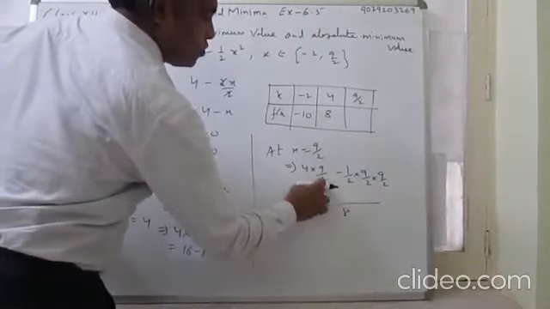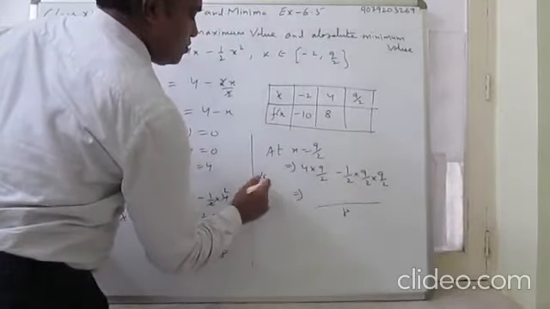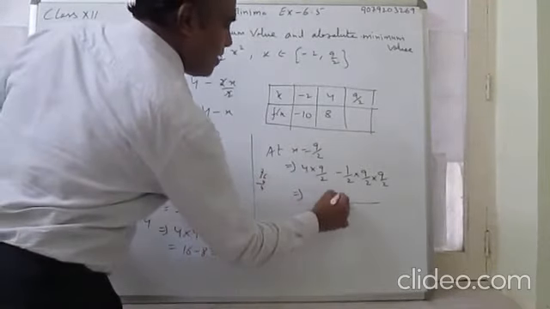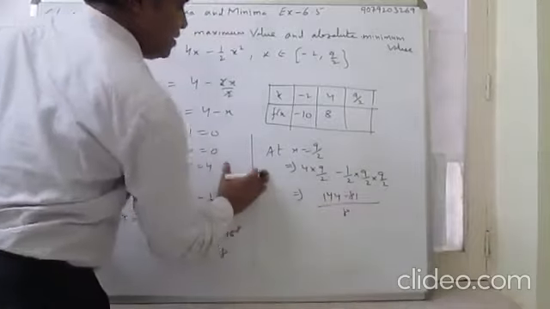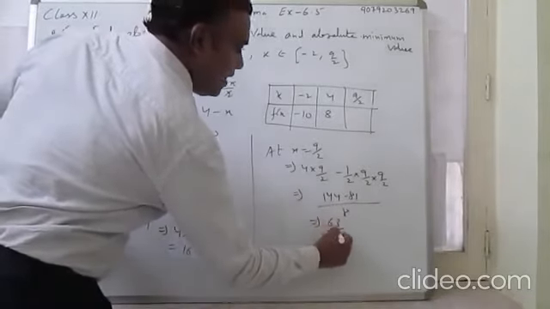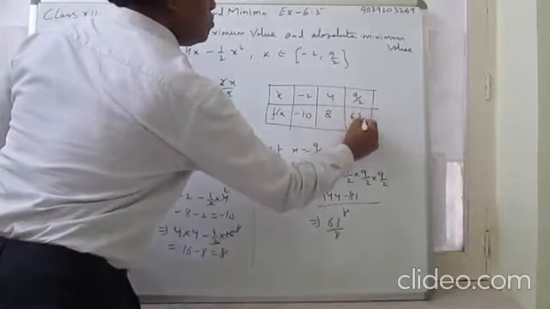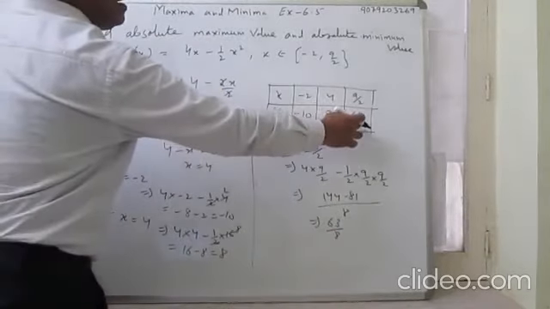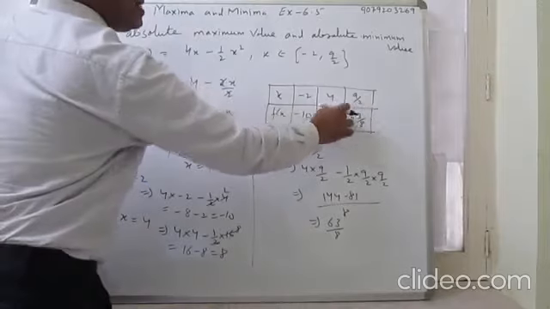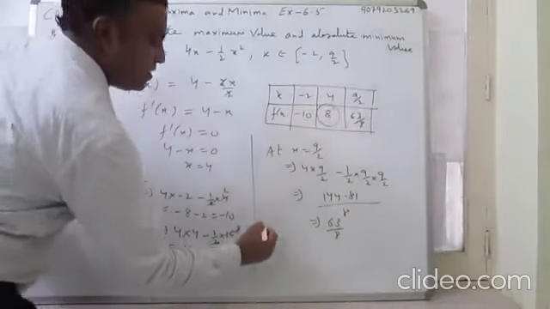So 2 4s are 36 into 4, 6 4s are 24, and 144 minus 81. So it becomes 63 upon 8. You see, it is less than 8. 8 7s are 56, 8 8s are 64, so it is less than 8, so the maximum value is 8.